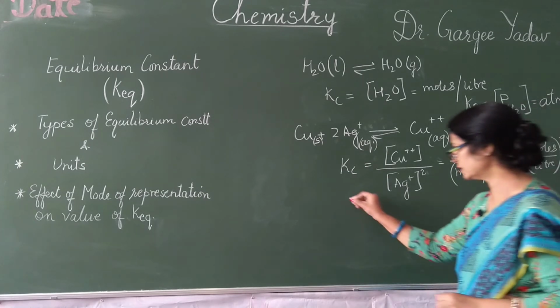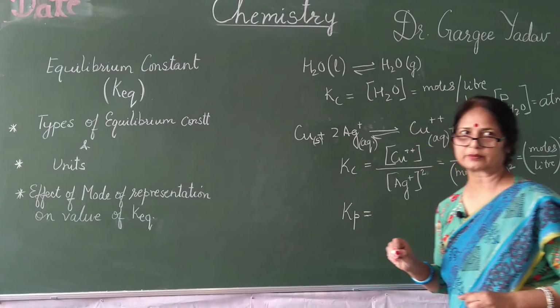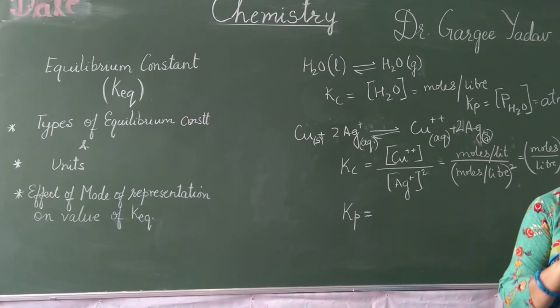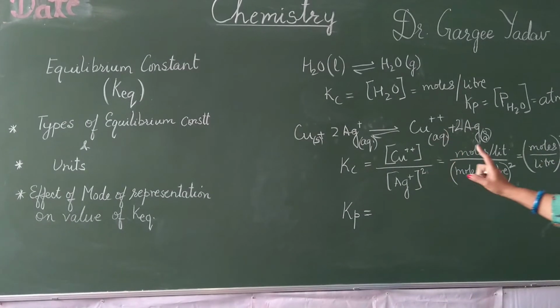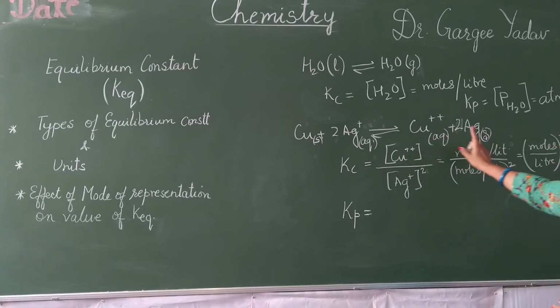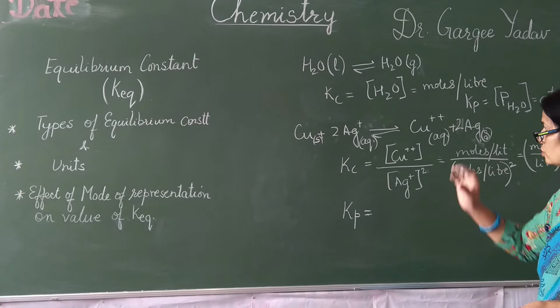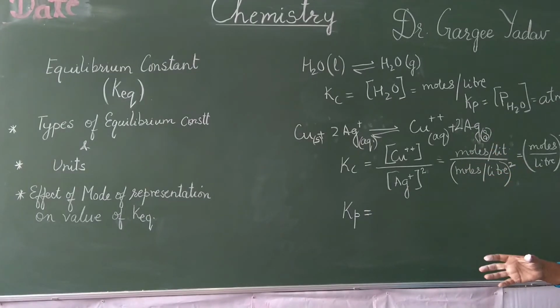But if we calculate Kp over here, one very important thing I am going to tell you now. If you look at Kp over here, Kp is not defined here. Why? Because not a single reactant or product is in the gaseous state. So Kp is not defined over here.